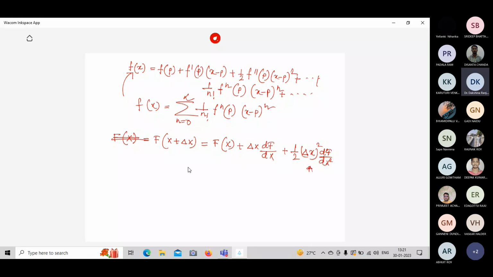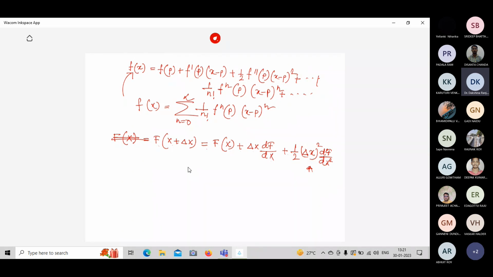So if we consider the first three terms of the Taylor series for a univariate function, then we can write f of x plus delta x equals f of x plus delta x into df by dx plus half of del x squared into del 2f by del x2.